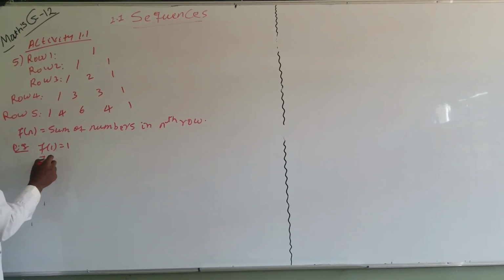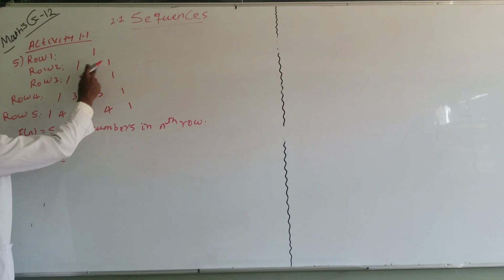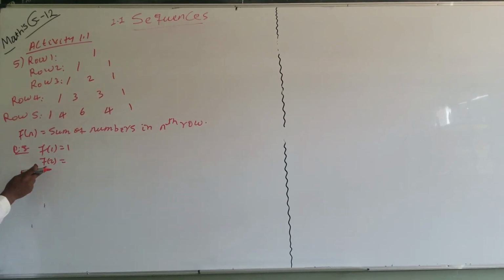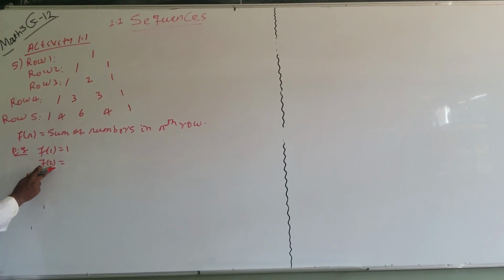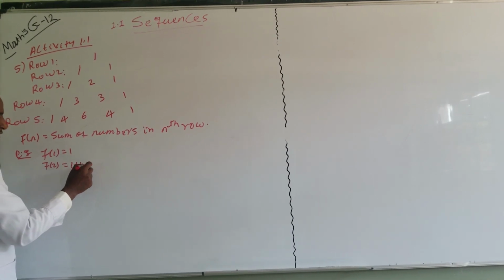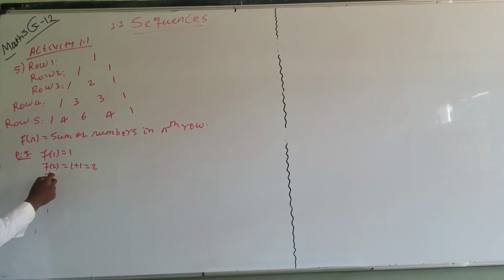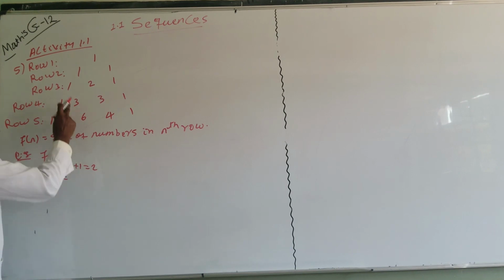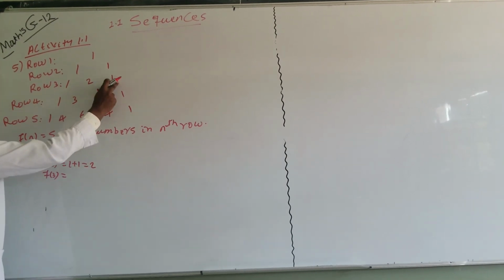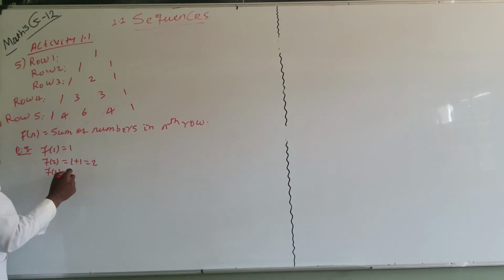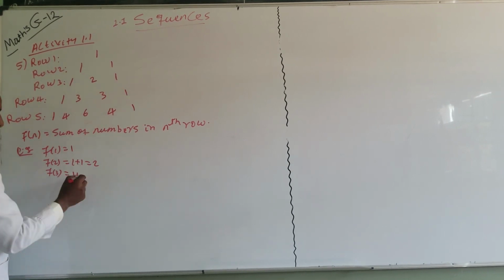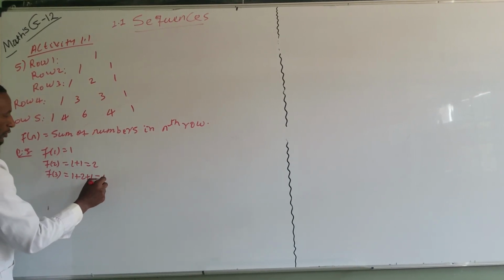F of 2 means the sum of numbers in the second row, 1 plus 1 which is equal to 2. F of 3 means the sum of numbers in the third row, 1 plus 2 plus 1 which is equal to 4.